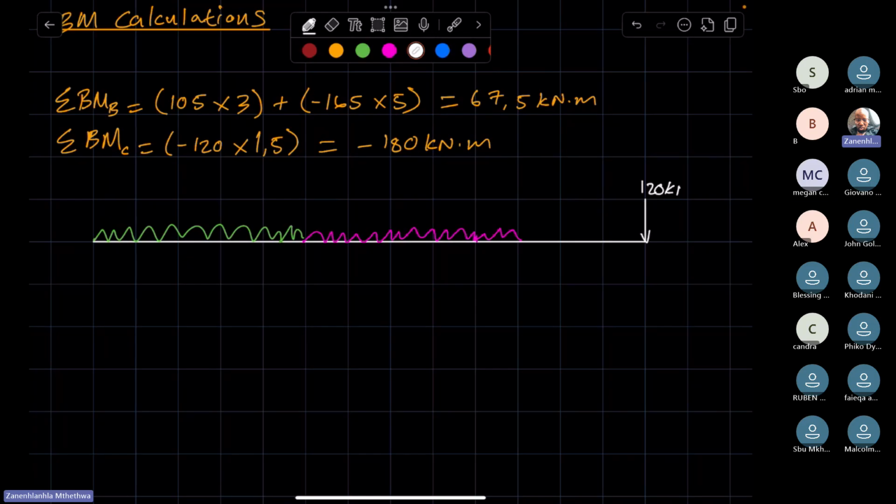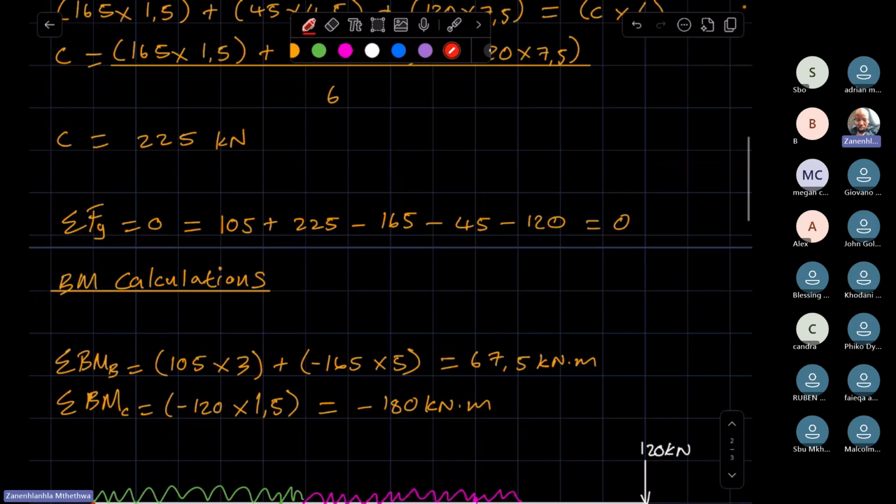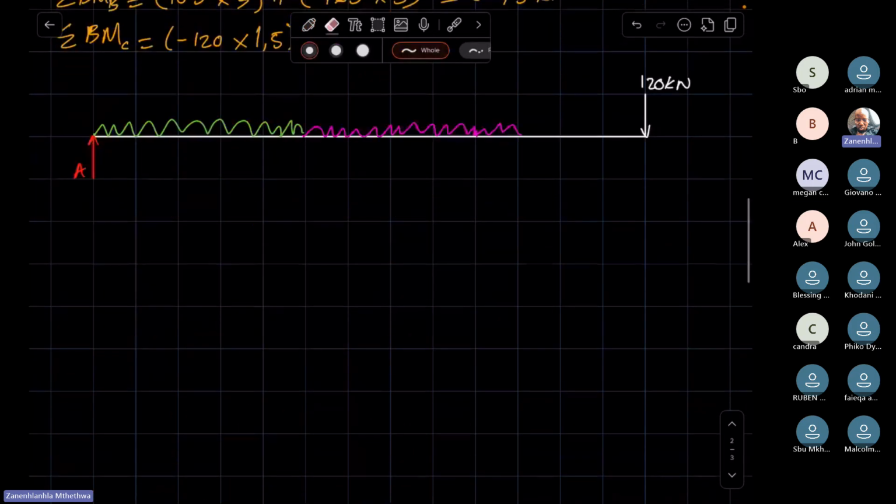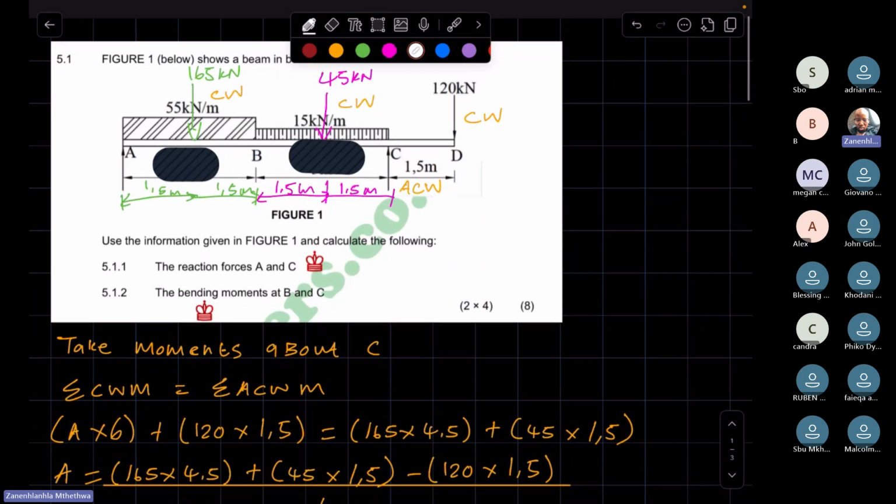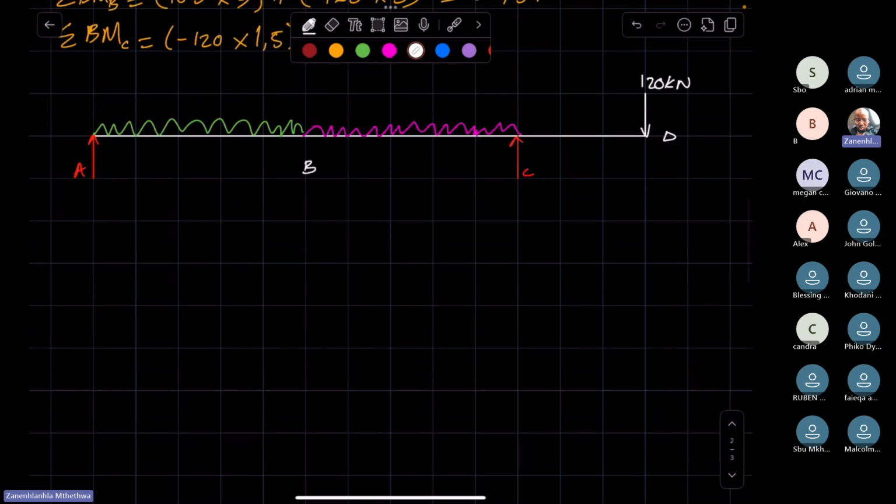This is 120 kilonewtons. You have a reaction at that point, this is reaction A. You have a reaction there, this is reaction C. And then this point is point D, and point B is somewhere here.